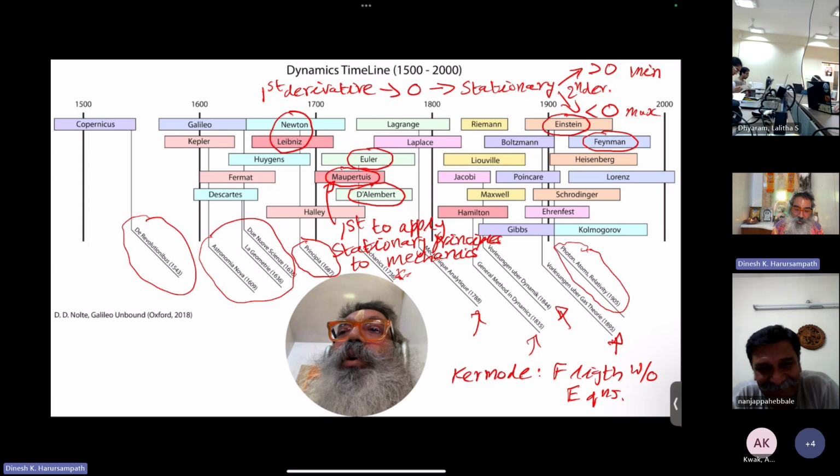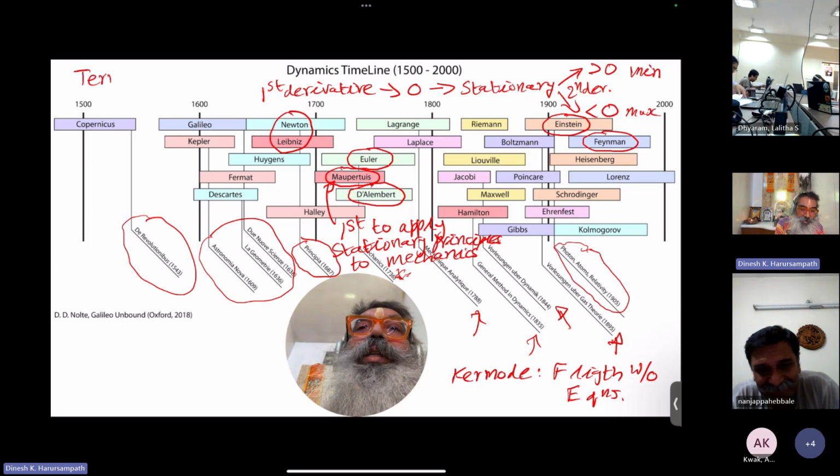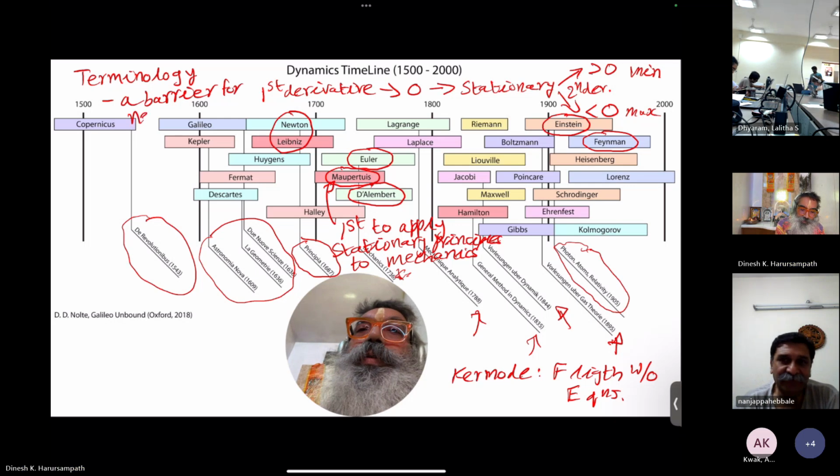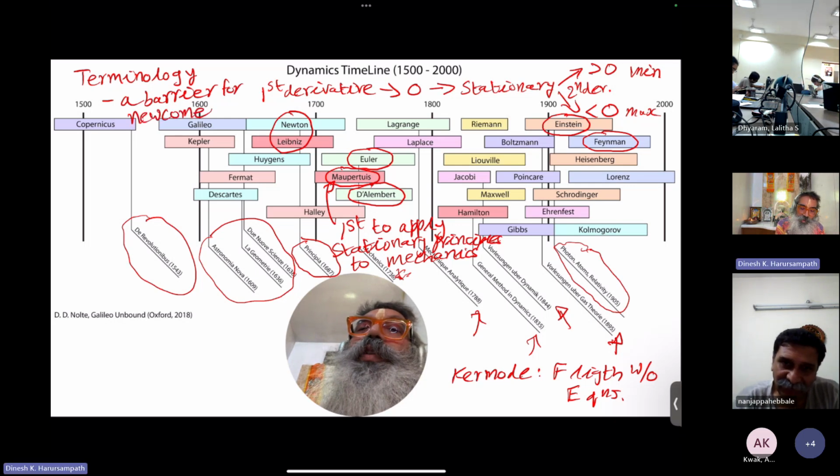And it's very important for us to not just brag about what we are doing by introducing a lot of terminology, because in many cases it's the terminology which becomes a barrier for newcomers and laymen to get into any field.